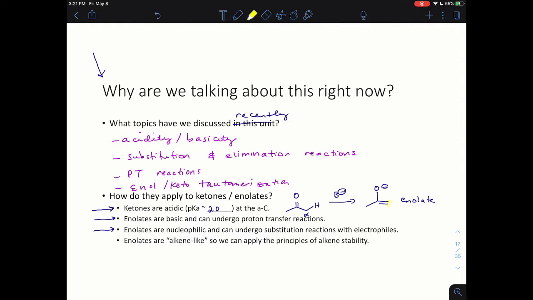And what is super cool is they're going to undergo nucleophilic substitution reactions at carbon. We can understand that through the minor resonance structure for an enolate that shows that they're electron-rich at carbon. And then finally, enolates are alkene-like, so we can apply the principles of alkene stability.